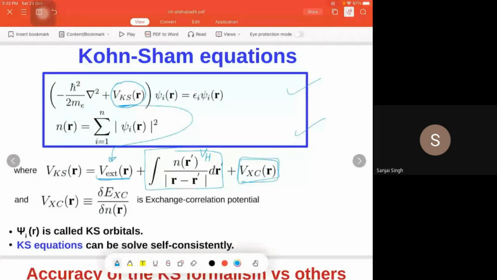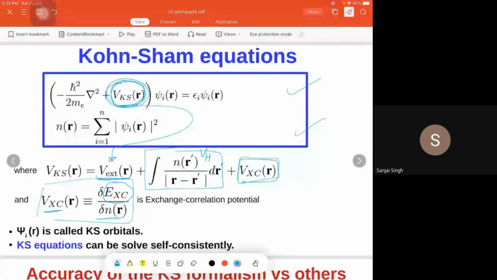It's not the normal derivative. There is a definition for this, you can check the textbook. So you get the functional derivative of the energy and then you get the potential. So you plug all these 3 potentials here and solve these, and you get the... see, the problem is that again you cannot solve this because there is an interdependence.